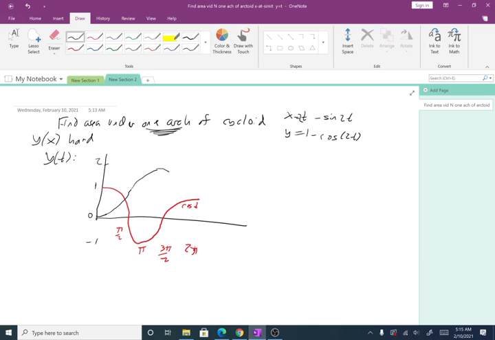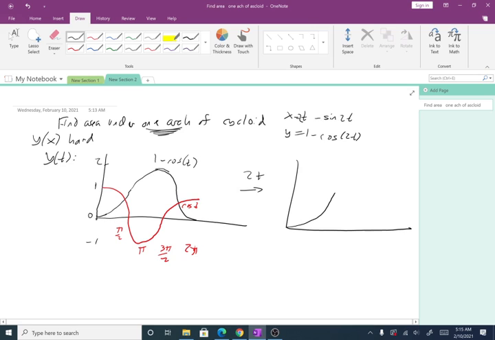And then I'm just going to reflect this back over. Not drawn to scale. So this is 1 minus cosine t, and to get 2t, I'm just going to speed this up. I'm going to draw the exact same thing and just relabel.